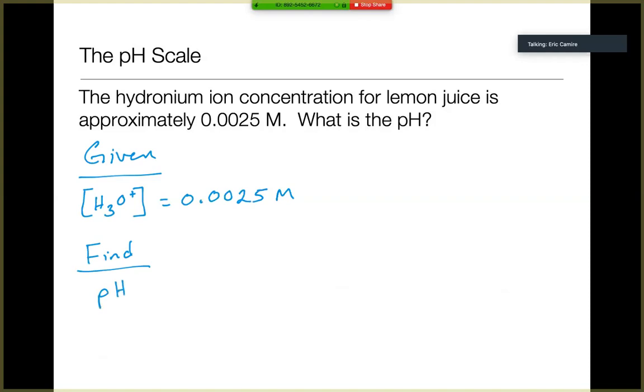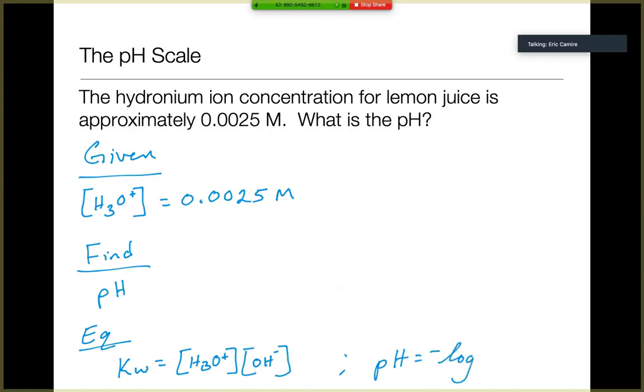Right now, I pretty much only know two equations. One, I know the Kw expression, and then I also have a new equation now of pH.